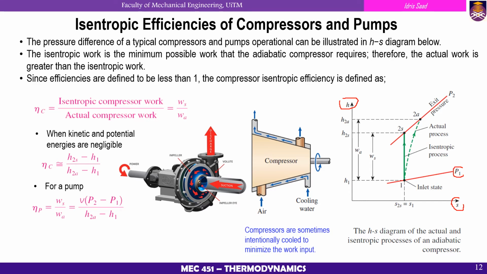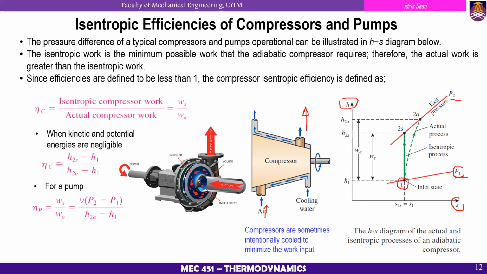For the pump and compressor, basically the inlet of the compressor is at a lower pressure, but the pressure at the outlet is higher than the pressure at the inlet. So P1 is lower than P2. Let's say this is state number 1.